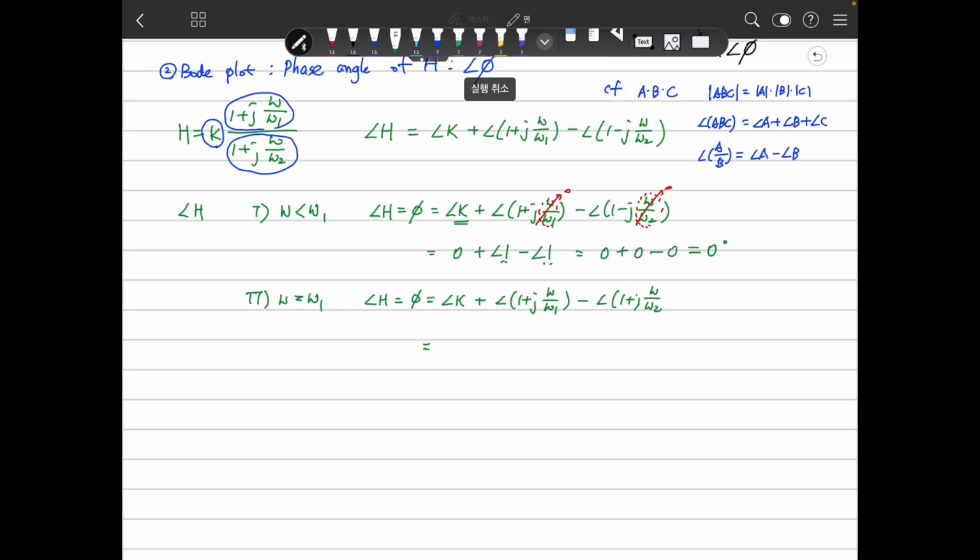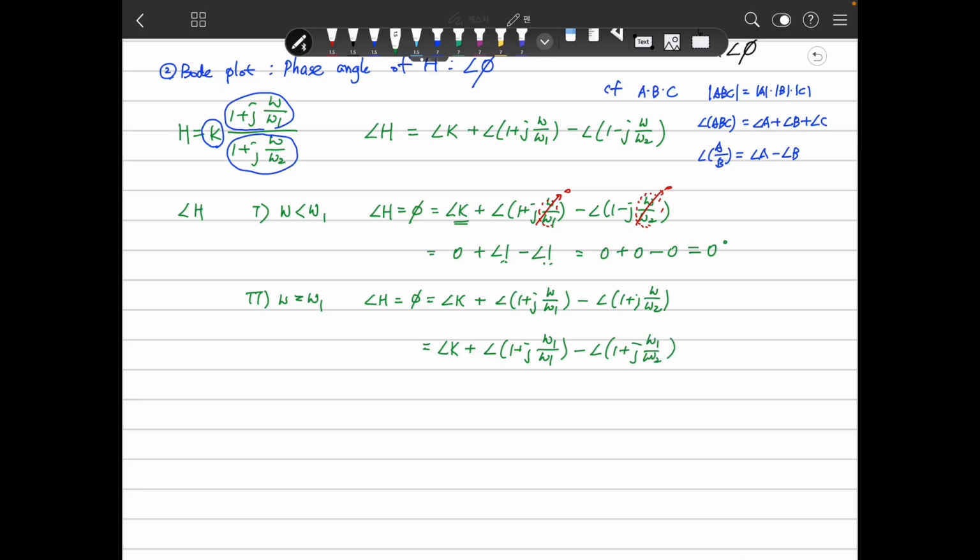And we insert the omega here, omega 1: K plus 1 plus J omega 1 omega 1, minus 1 plus J omega 2 omega 1.